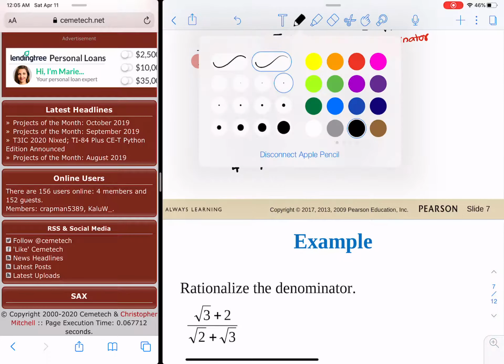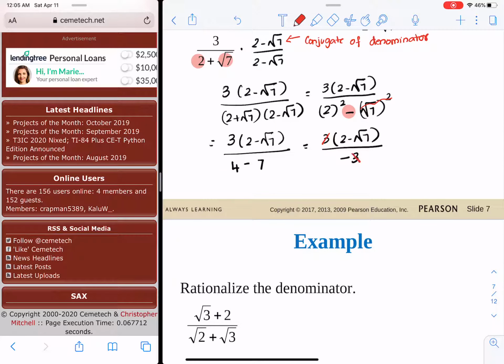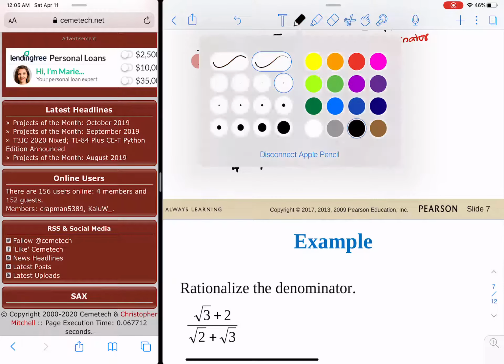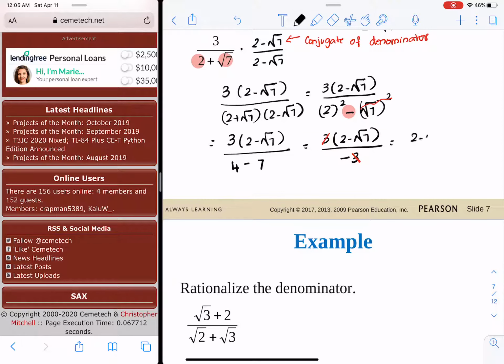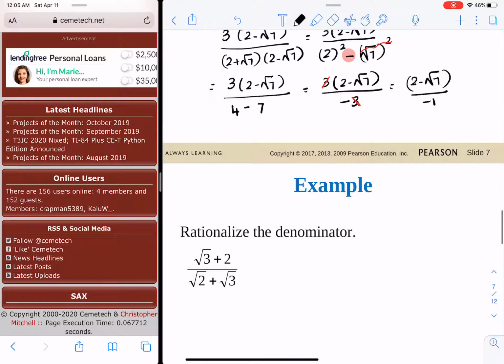So the 3 and the negative 3 would get cancelled, leaving us with 2 minus square root of 7 divided by negative 1, which is the same as negative 1 times 2 minus square root of 7, which if we distribute the negative inside, we end up getting square root of 7 minus 2. The answer is square root of 7 minus 2.